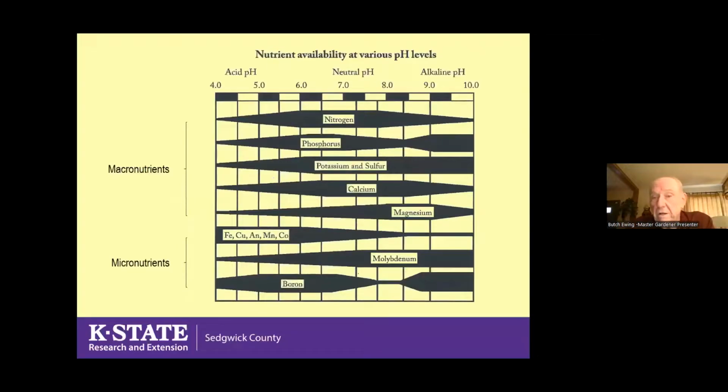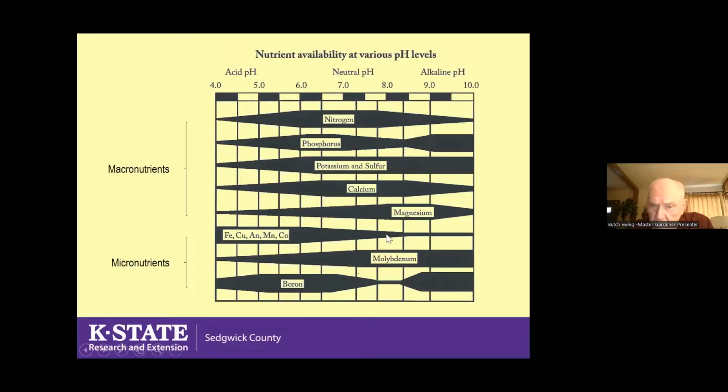And this also happens with other plants and other nutrients. This chart kind of gives you an idea. If you look here between pH of 6 and 7, say about 7.7 or 8, this full thickness of the line indicates availability, the full availability of that nutrient. But if you'll see, as the pH gets lower or higher, that availability starts to drop off.